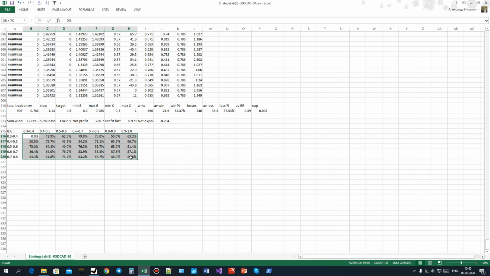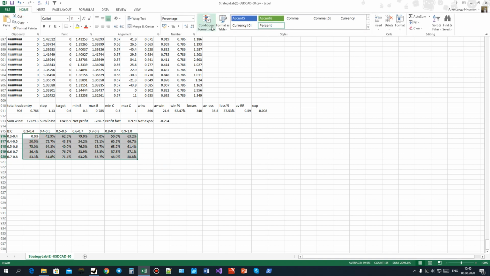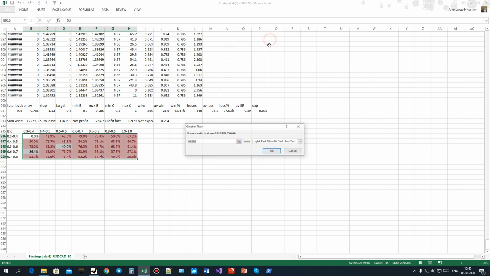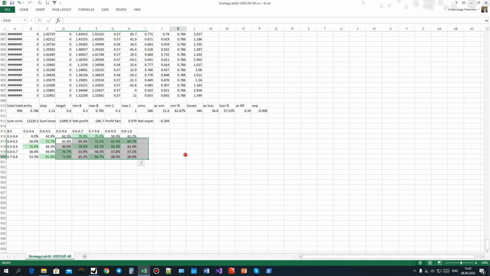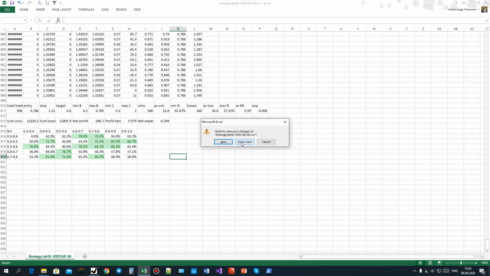Then we actually do conditional formatting. And it should be 65. Okay, here are the results, biased patterns for that. Okay, save it. Hope you had enough time to type that down.